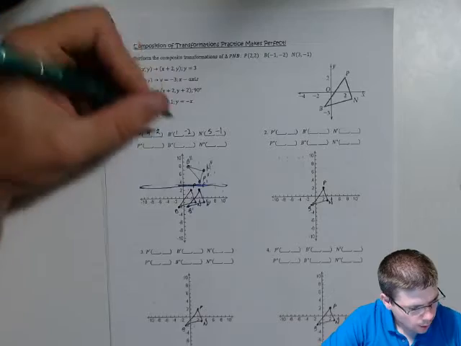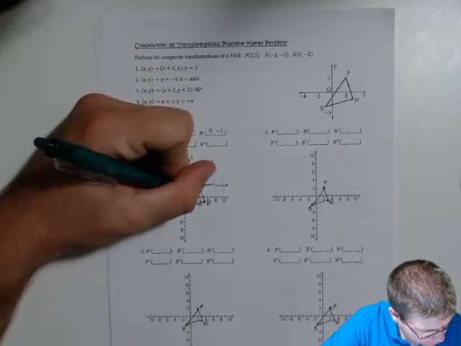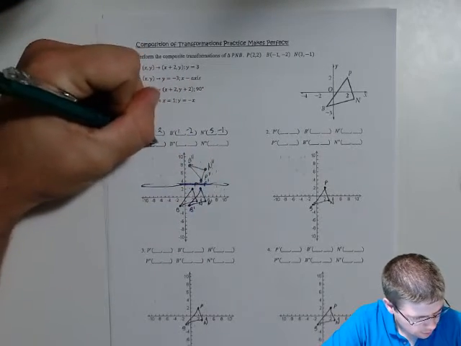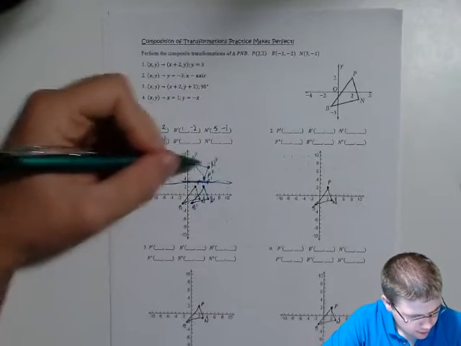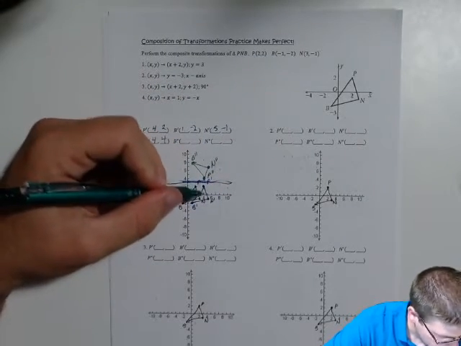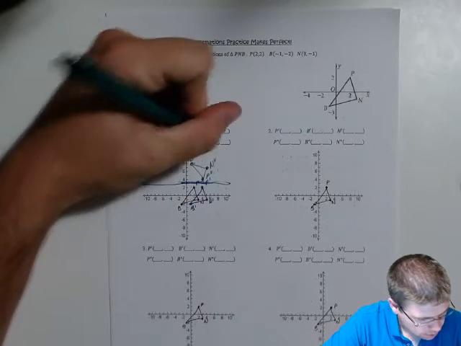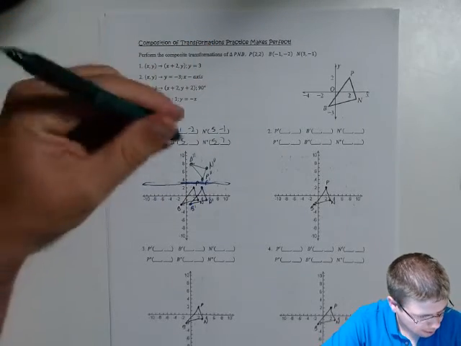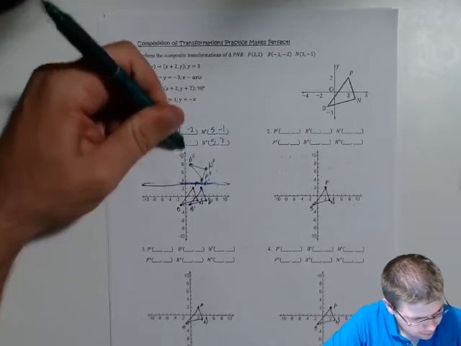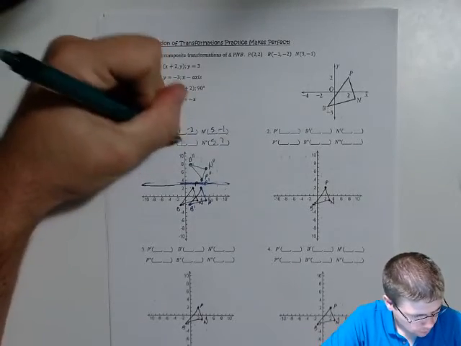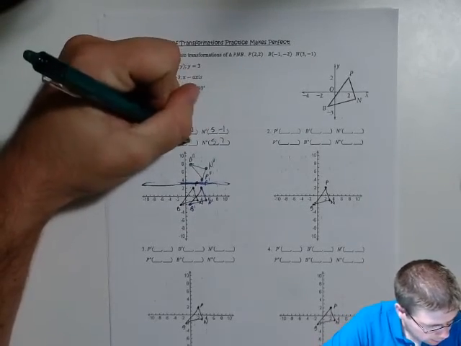All right, so P double prime ends up at (4, 4) after that reflection. N double prime ends up at (5, 7), and B double prime ends up at (1, 8). And that was our glide reflection.